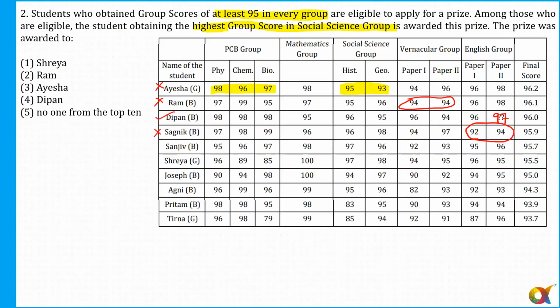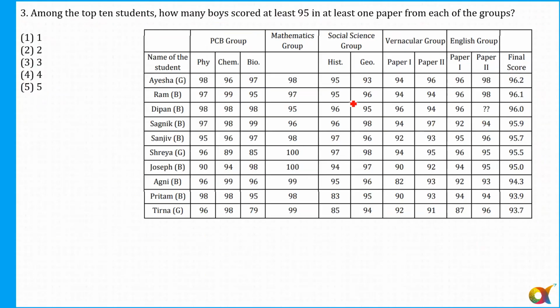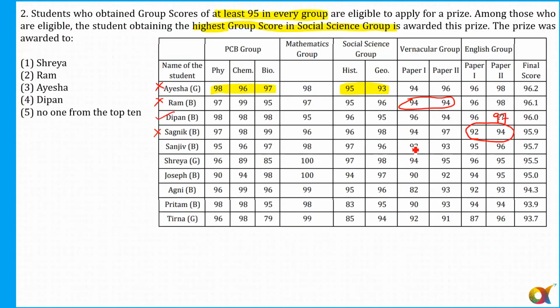For Sanjeev, in the vernacular group, his scores are 92 and 93, so you can neglect that. Shreya also has 94, 95 in the vernacular group, so you can neglect that. For Joseph also, 90 and 92 in the vernacular group, neglect that. For Agni also, 82 and 93 in the vernacular group, so the average is definitely less. Similarly, Preetam and Tirna, all of them will be neglected.